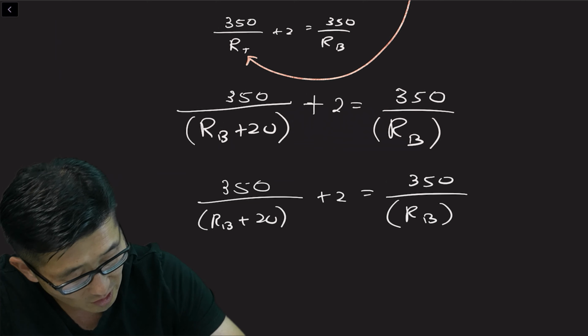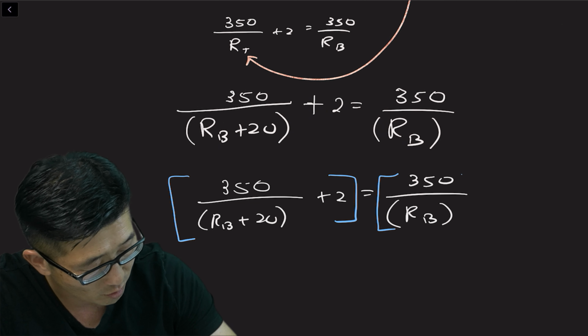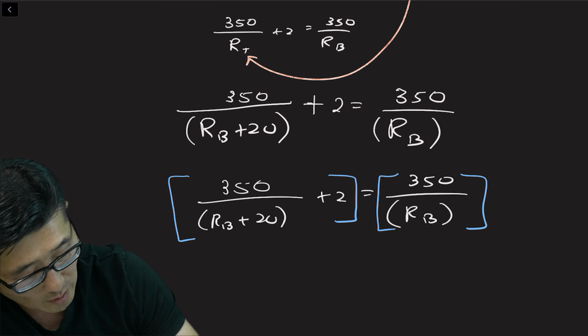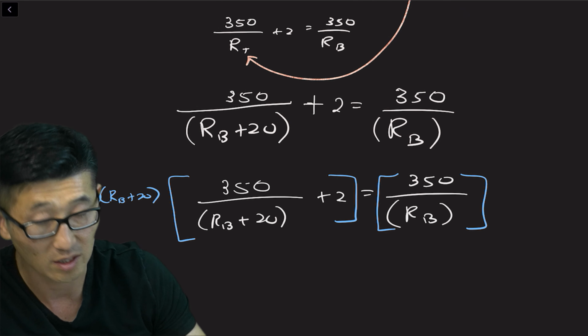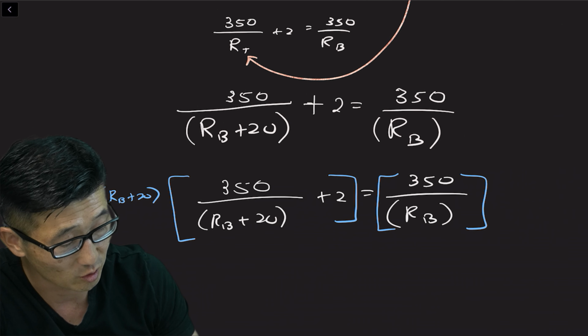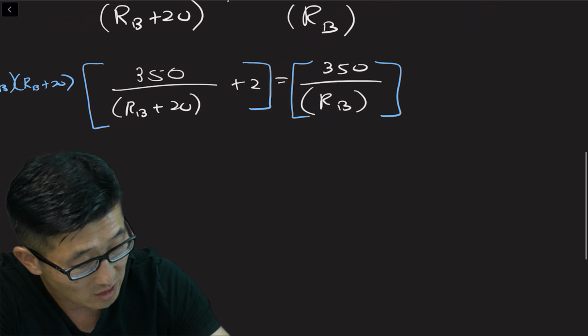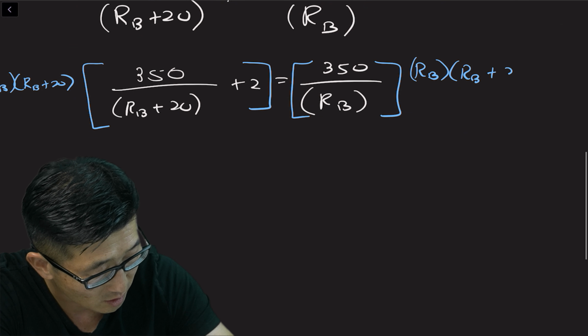And I'm going to take the left side and put a bracket on the whole thing, and then the right side, put the bracket on the whole thing. And I'm going to multiply both sides by the common denominator, which is RB times RB plus 20. This is the same thing as doing rational equations. And on the right side, again, RB times RB plus what?